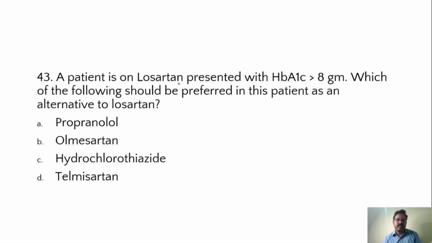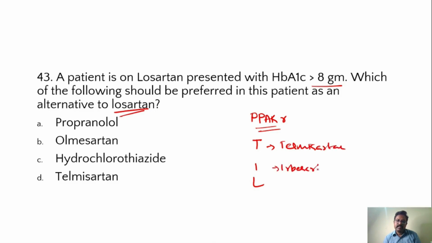So next, the patient is on losartan presented with HbA1c more than 8 grams. Which of the following should be preferred in this patient as an alternative to losartan? So already we have discussed. Alternative to losartan, especially in case of diabetic individuals, you need to select the ARBs associated with PPAR gamma activating action. So those are TIL: telmisartan, irbesartan, and losartan.